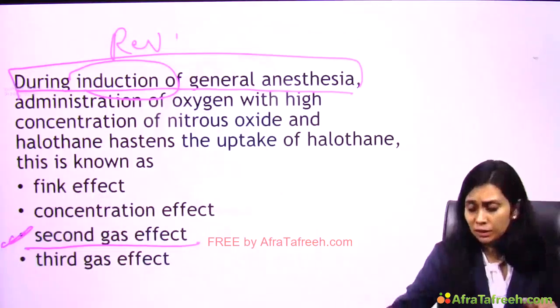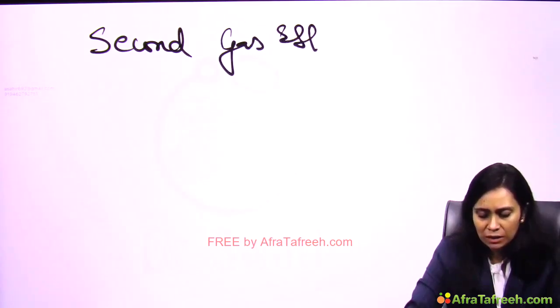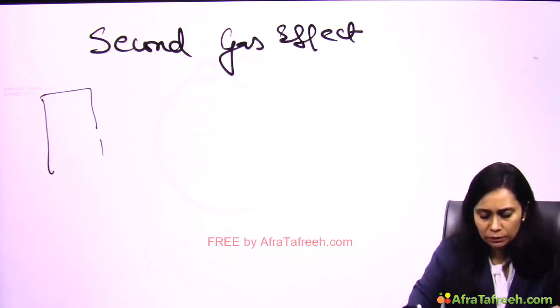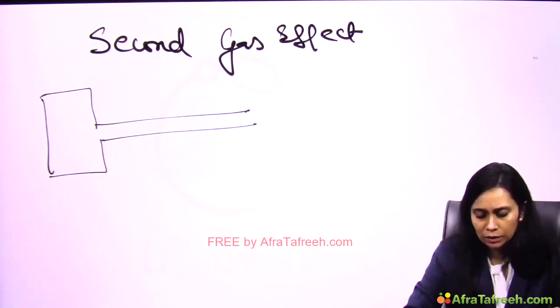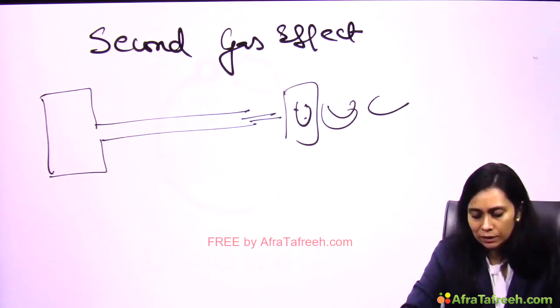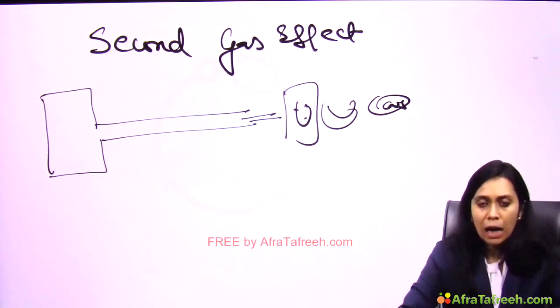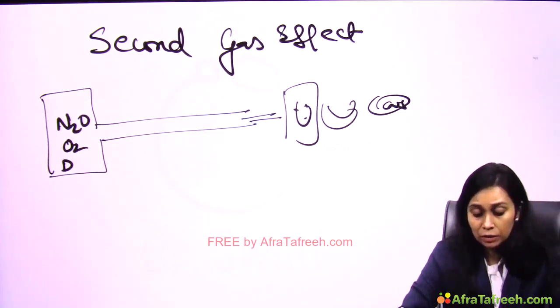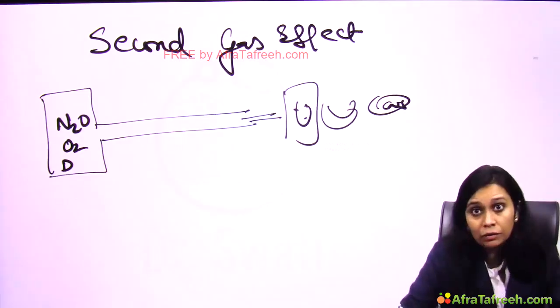Now what is this second gas effect? Just understand first, then we will write it. This is your machine. This is the circuit, this is the airway, this is alveoli, blood and CNS. I am giving my patient nitrous oxide, oxygen and sevoflurane for induction.